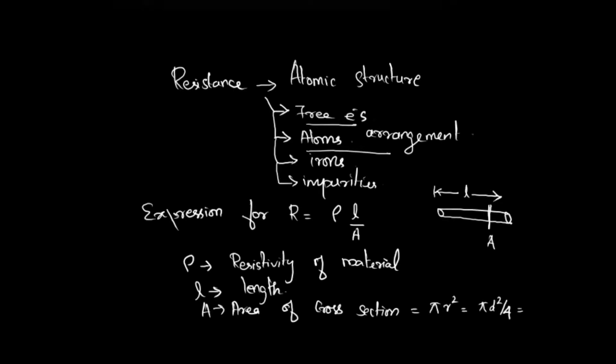The SI unit for area of cross section is meter square, length is denoted in meters, and resistivity of the material is denoted in ohm meter.